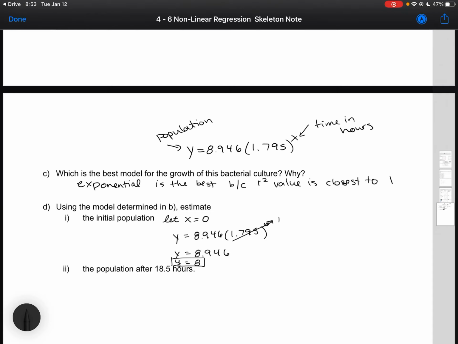If we go to create our next prediction, after 18.5 hours, we would let x equal 18.5. Substitute in here: 8.946 times 1.795 to the 18.5. This is something you would evaluate on your calculator.